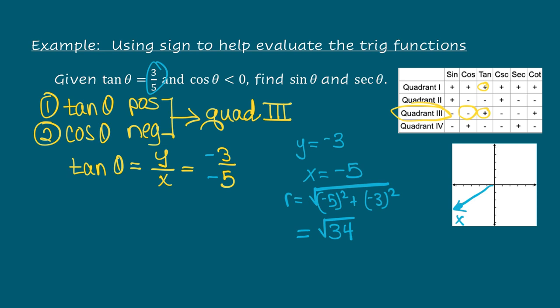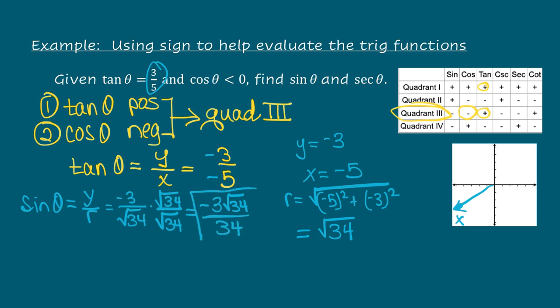So then to find my sine theta, I need the ratio of y over r, and y is -3, so -3 over square root 34. Rationalize that denominator. Gets me -3 square roots of 34 over 34.